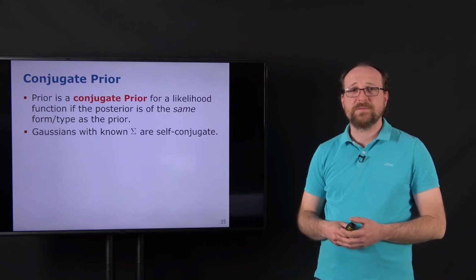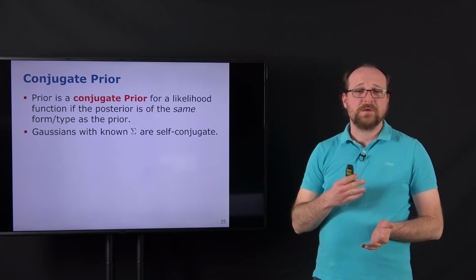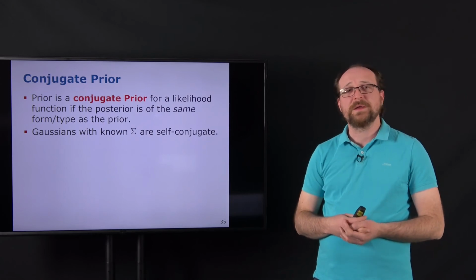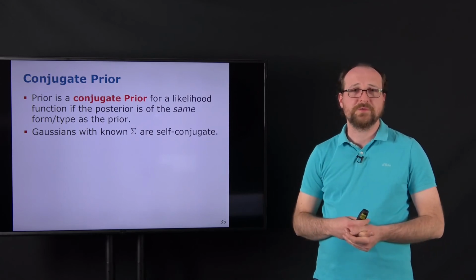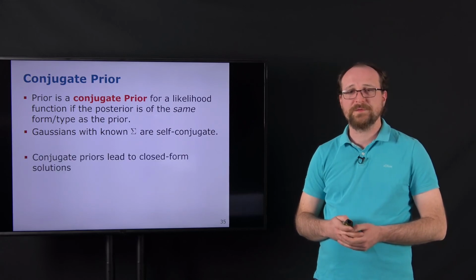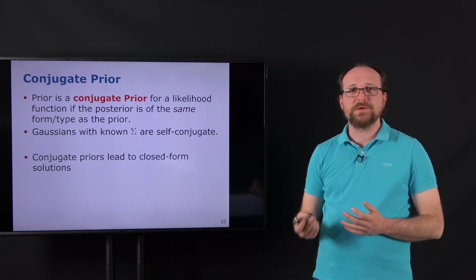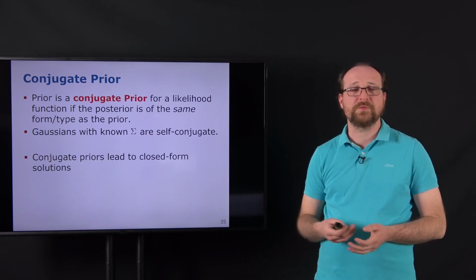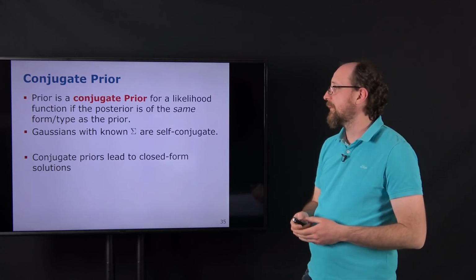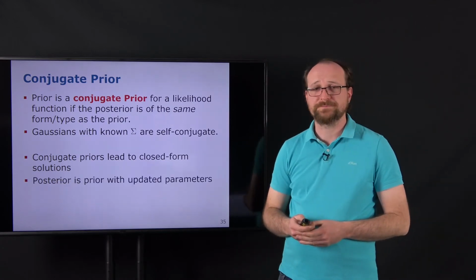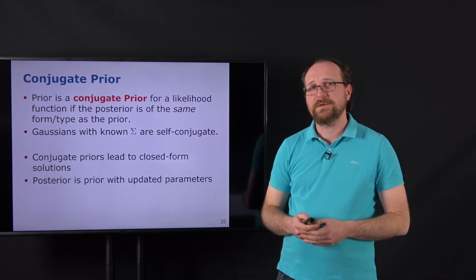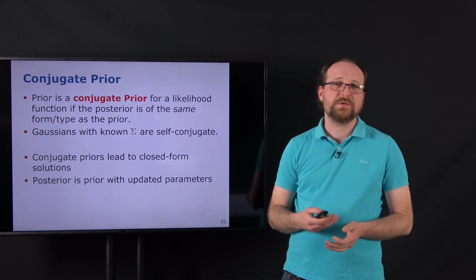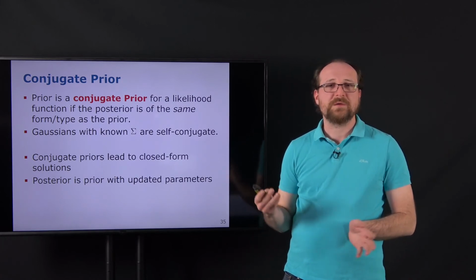So when we combine a Gaussian distributed likelihood with a Gaussian distributed prior, the posterior will turn out to be also Gaussian distributed. And the conjugacy of the prior and the likelihood also leads for other distributions to closed form solutions of the posterior. The thing that you can see here is that the posterior is just the prior with updated parameters.